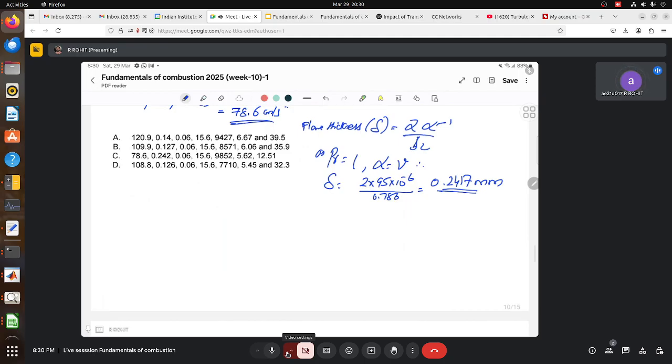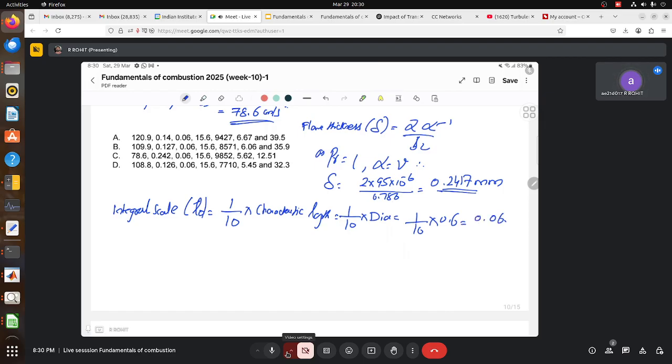Now the next thing that was asked to find was the integral scale. The integral scale L0 is given as 1/10 of your characteristic length. For a pipe, the characteristic length is its diameter, and the diameter is given as 0.6 meter. So if you substitute, it is 0.06 meter.